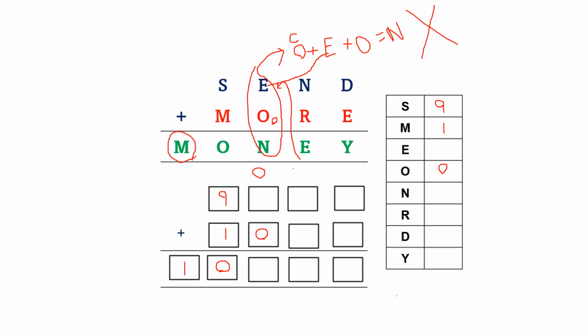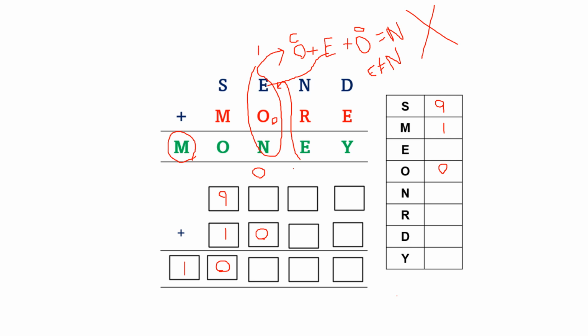So with the assumption of no carry, E plus 0 is equal to N, that results in E is equal to N. That violates the constraint, so it is not possible. Here E should not be equal to N. So we must provide a carry here with assumption. Okay, we have to give carry 1 here.